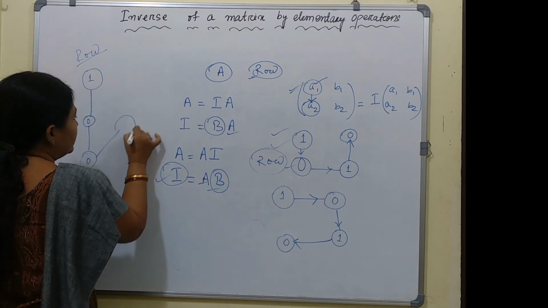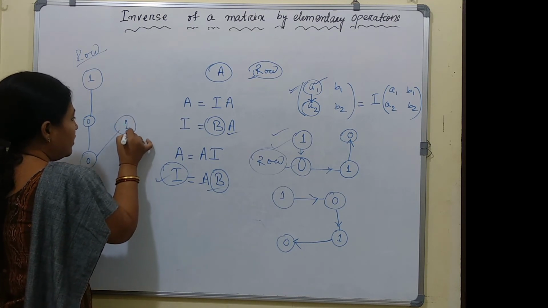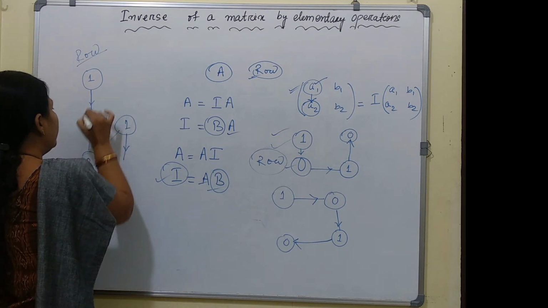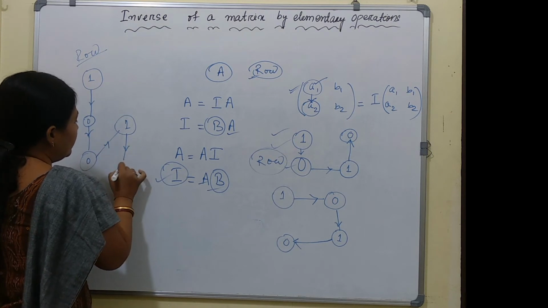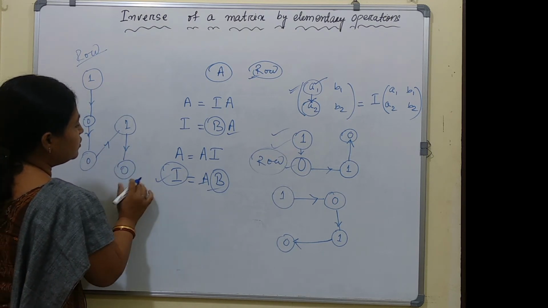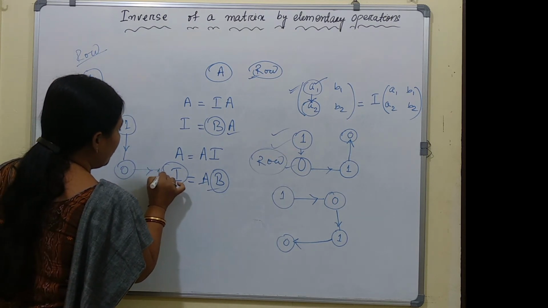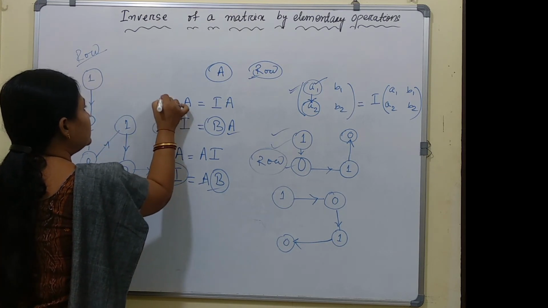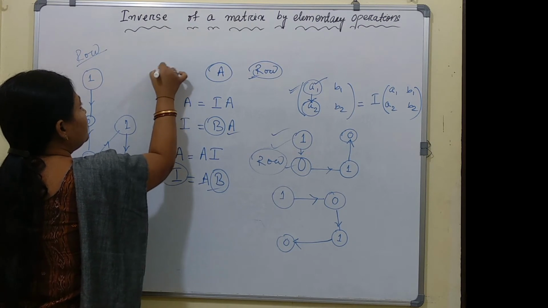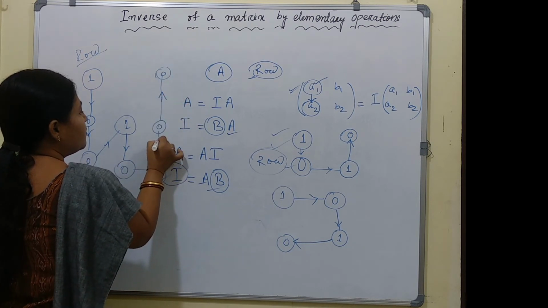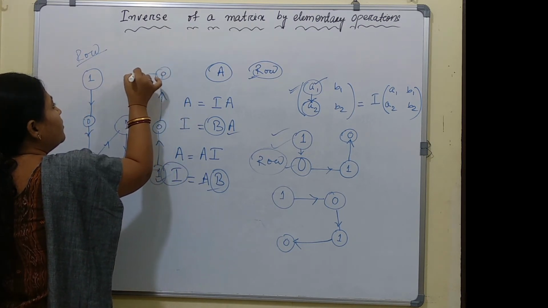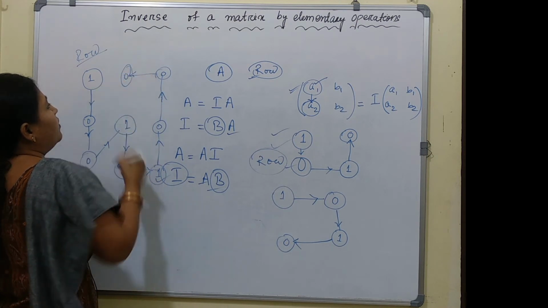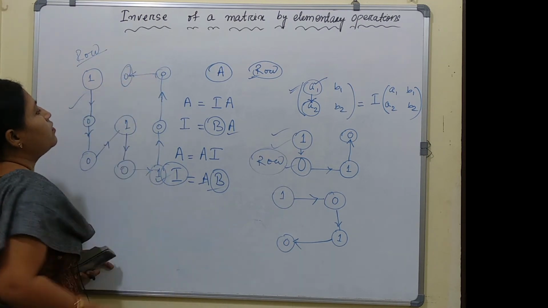Next convert this element to 1, then we use this element 0, next this element 1 and these two elements 0 in the same step, and in the next step we get the value 0 here. This is for the row operation.